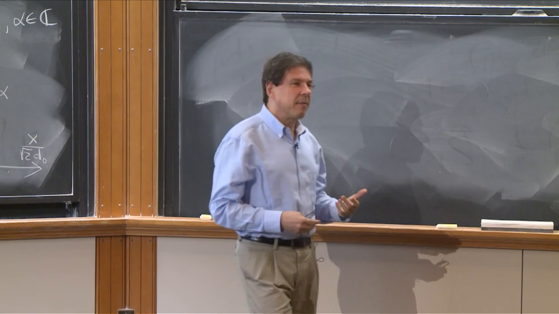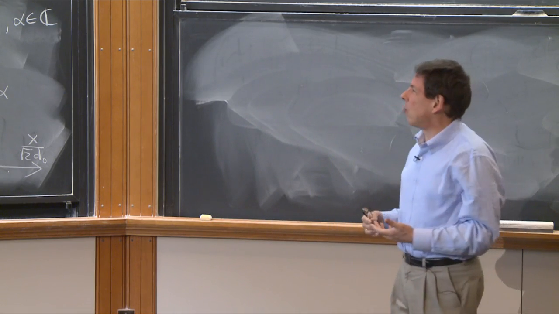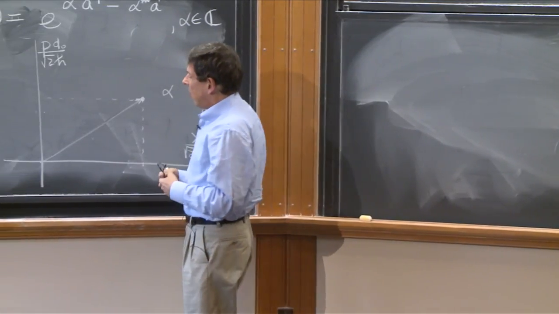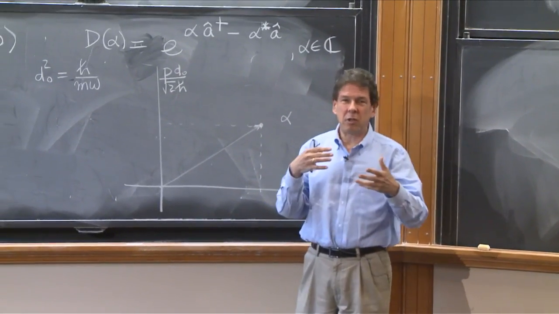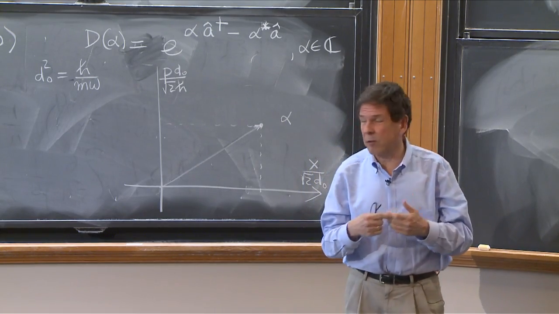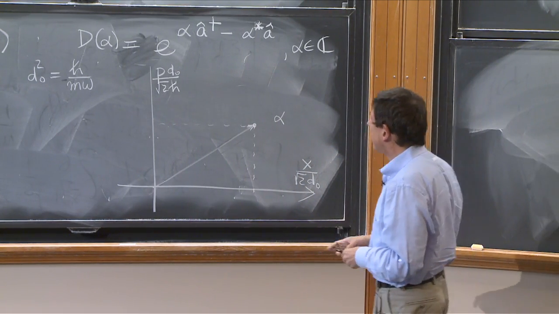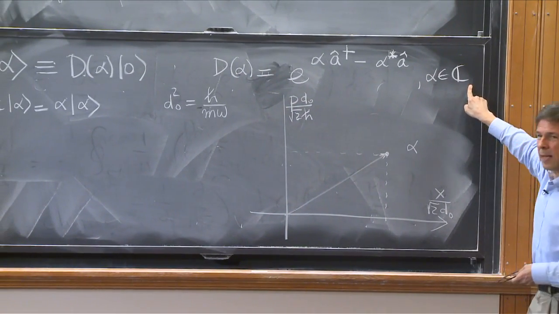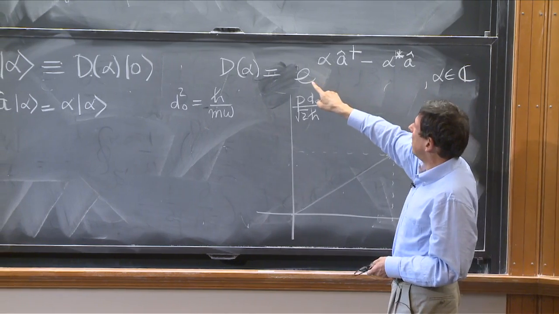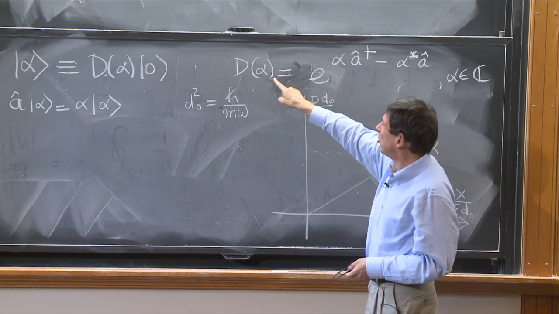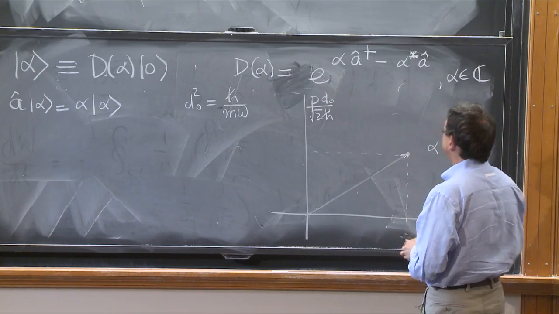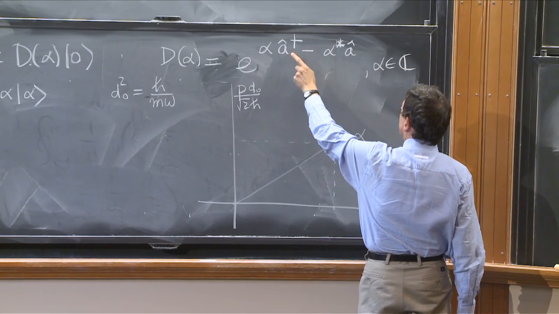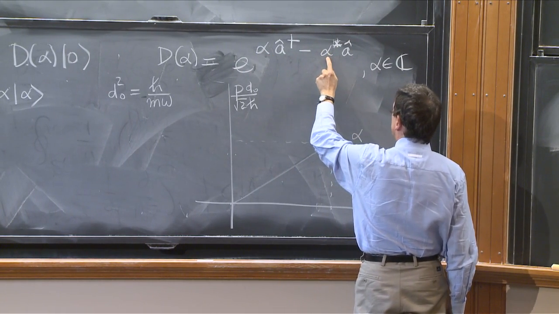But we realized eventually that the reason it all works out is because it's the exponential of something that depends on creation or annihilation operators, and we could do something more general, which was to use a complex number alpha and define a displacement operator, a more general one, that is some linear combination of A and A dagger with alpha and the complex conjugate of alpha.